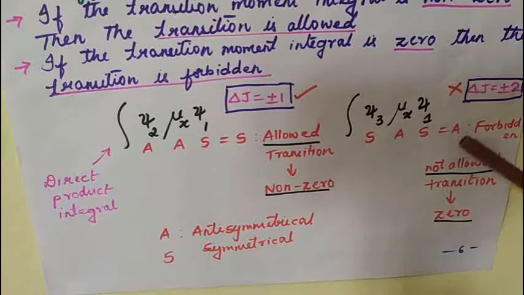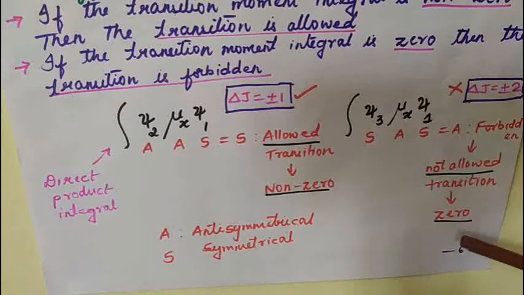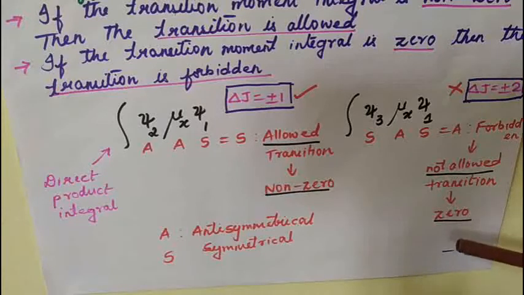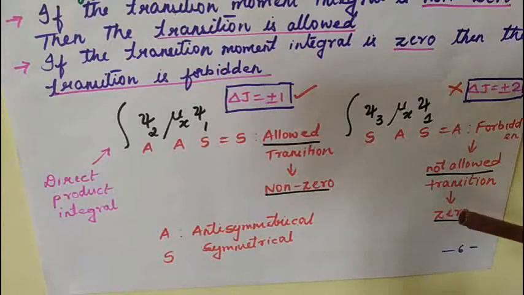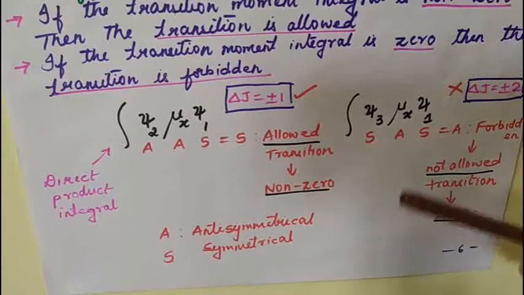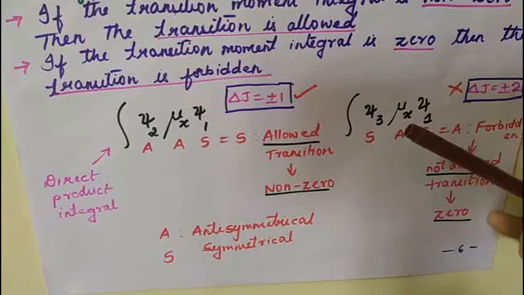If the product is antisymmetry, it is always a forbidden transition, because this integral is equal to 0. The transition moment integral becomes 0. Hope you understood the discussion regarding selection rules. Finally, the selection rule for pure rotational transition is delta J equal to plus or minus 1, and how it is derived from the quantum mechanical concept.